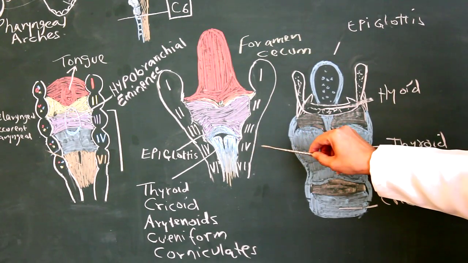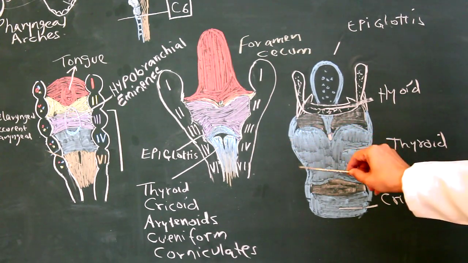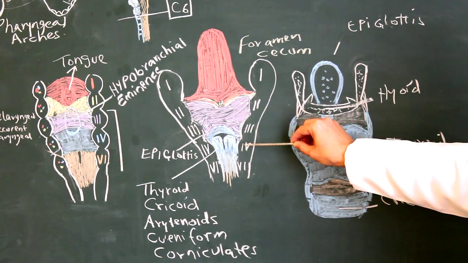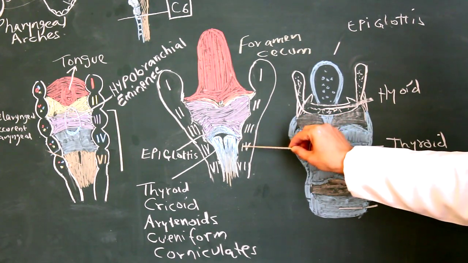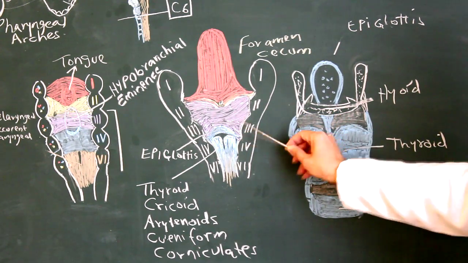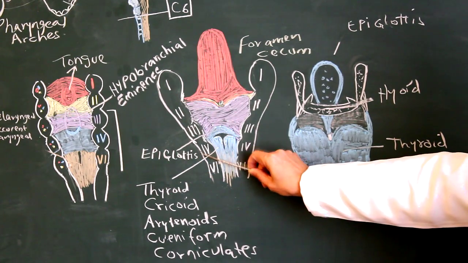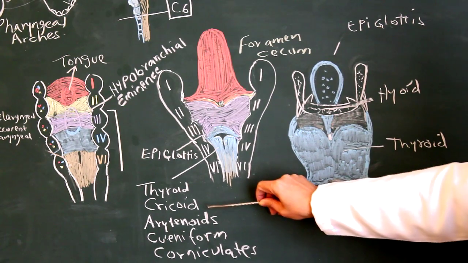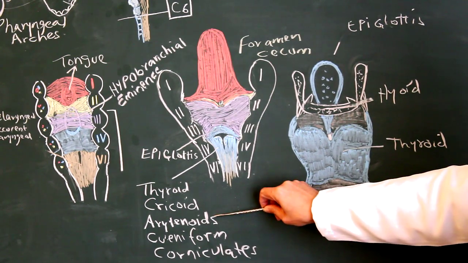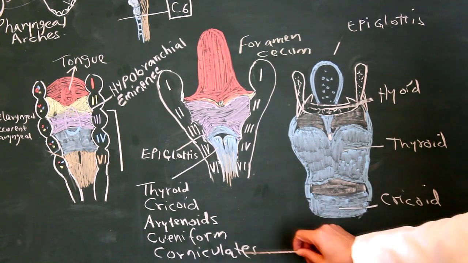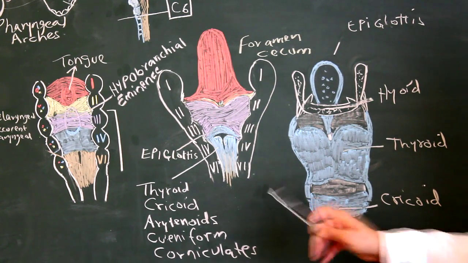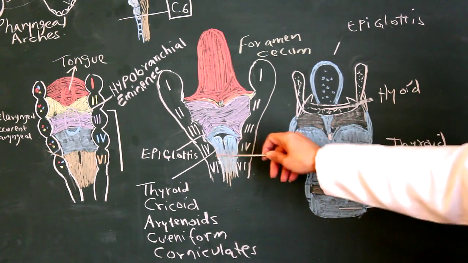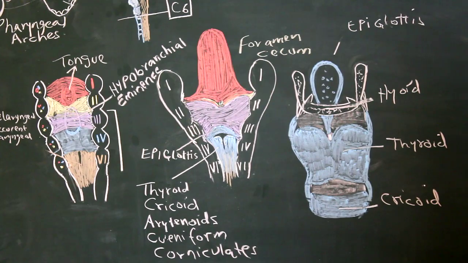As we have seen, the mesodermal component of the 4th arch is going to give rise to the epiglottis at the top, the thyroid cartilage, the cricoid cartilage, the arytenoids, cuneiforms, and corniculate cartilages of the larynx. Some of them are unpaired and some are paired cartilages.